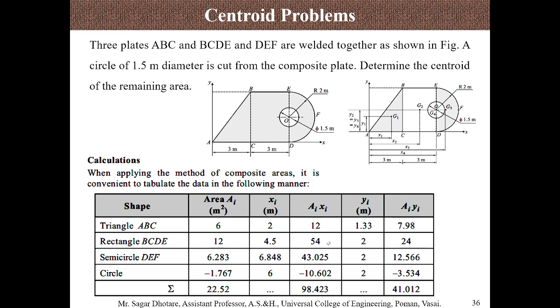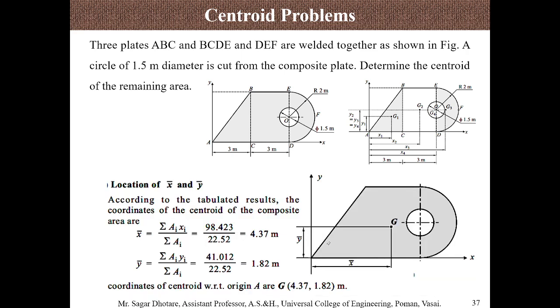So the total area which is shaded is 22.52 meter squared, and we need the equation: summation of aixi divided by summation of a. Those values we have with us, and we can directly calculate the x and y coordinates. So, calculating the location x bar and y bar for the composite area.